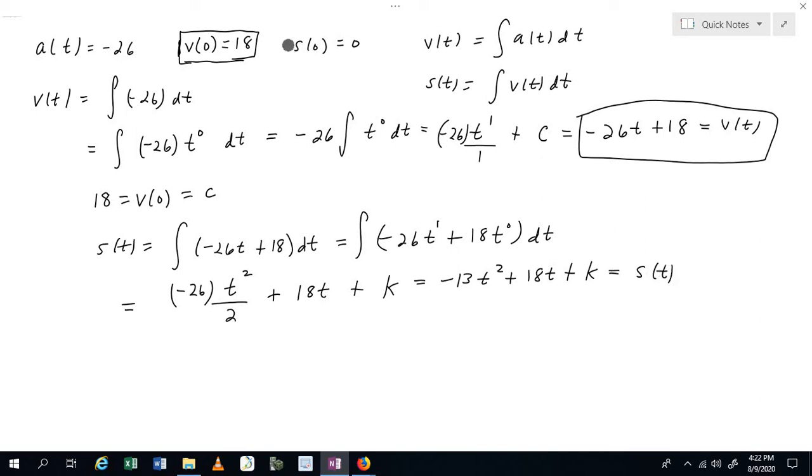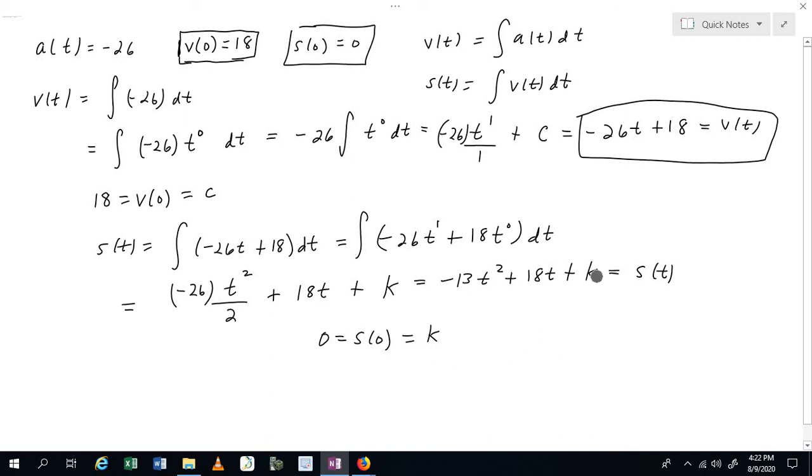Now we're told that when we evaluate the position function at t equals 0, we get 0 for the position, right? s is 0 in that case. So let's plug 0 in for t here, and when you do that, you just get k. We know s evaluated at 0 is 0 because we're told that, so that must mean k is 0 itself.